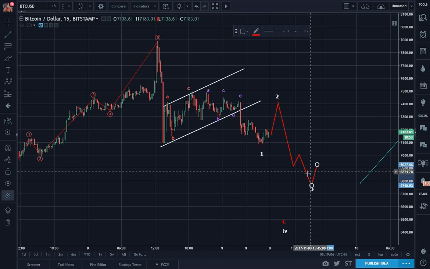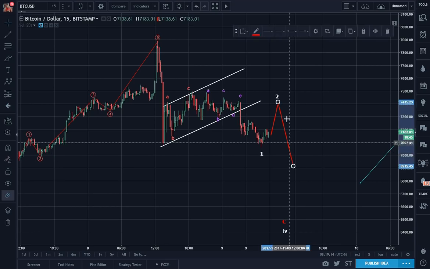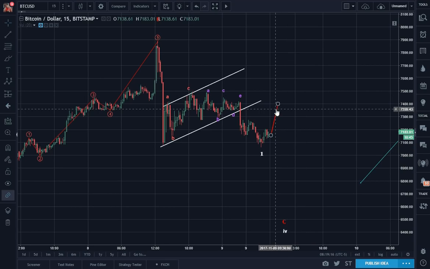You know what? Let me just use the Elliott wave lines because this is getting ridiculous. Trying to do this manually. Feel like I'm on my PowerPoint.